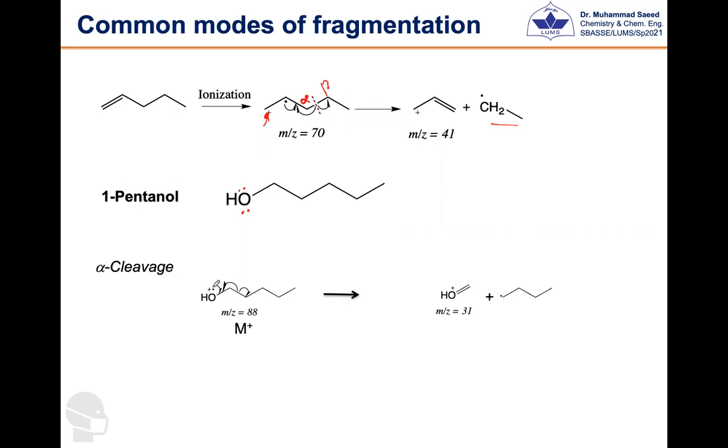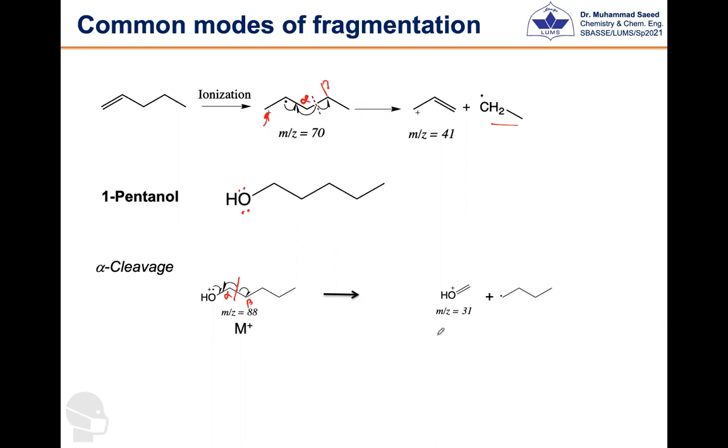The oxygen free radical will move toward the alpha atom, and the bond between alpha and beta will get broken, and we will make two ions. One will appear at M over Z 31, and the other one will be lost because it does not carry any positive charge or negative charge.